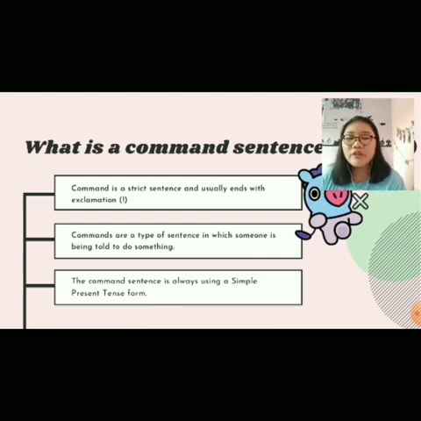An imperative verb, also known as a bossy verb, because it tells someone to do something, so maybe it's a little bit bossy, right? And you should also use commands when you are writing instructions telling someone how to do something. And the command sentence always uses the simple present tense form. You get it? Okay, good.